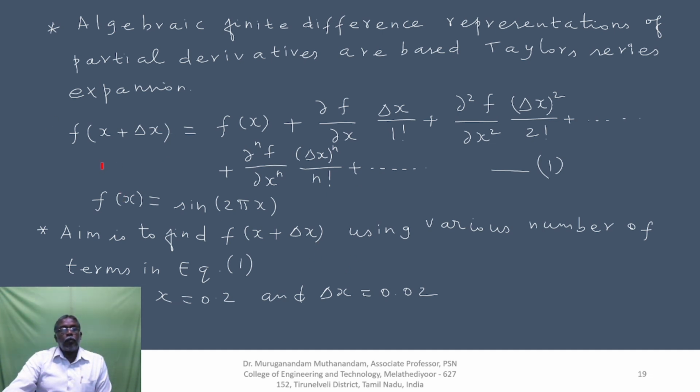Instead of f of x plus delta x, here f is a function. Which is the function in the given problem? U, the x component of velocity, smaller case u.